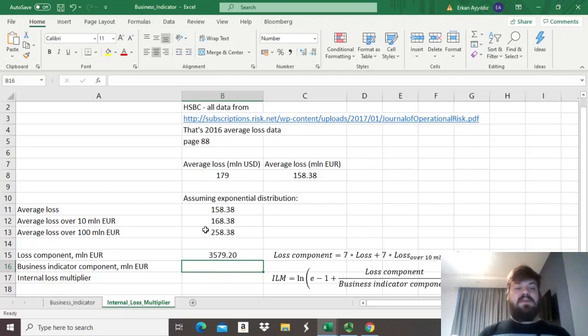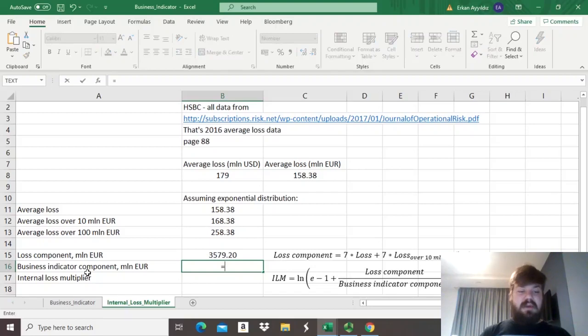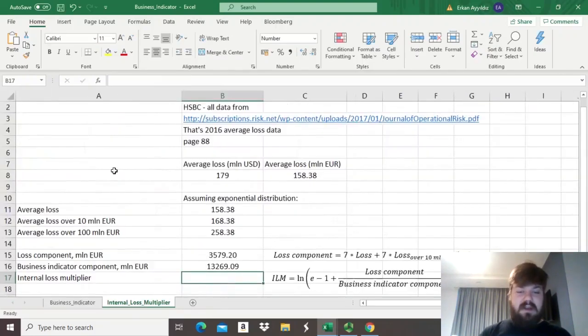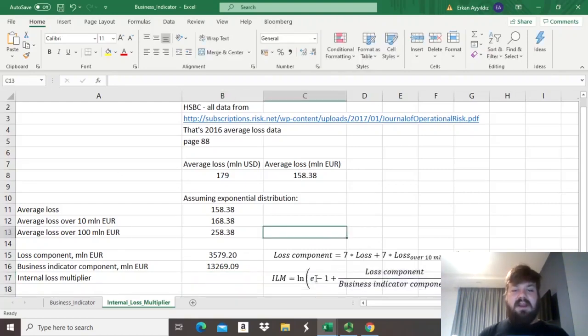Now, we need to remember what our business indicator component is. Well, we can just take it from over here because we have already calculated it. And then we need to calculate the internal loss multiplier. The internal loss multiplier is characterized by this logarithmic function, and it grows the higher the loss component is as compared to the business indicator component.